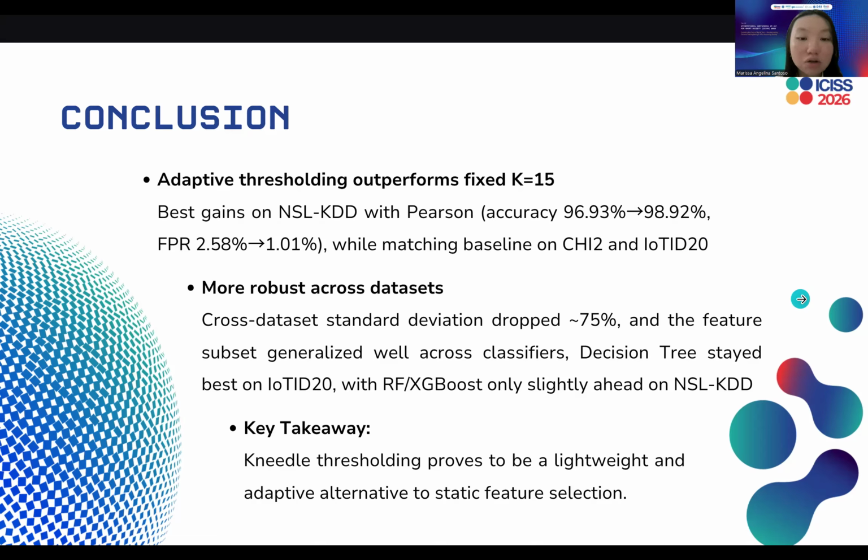The pipeline is also more robust across datasets. Cross-dataset standard deviation dropped by around 75%, and the selected feature subset generalized well across classifiers. Decision tree stayed best on IoT ID20 with random forest and XGBoost only slightly ahead on NSL-KDD. So our key takeaway: adaptive thresholding proves to be a lightweight and adaptive alternative to static feature selection.